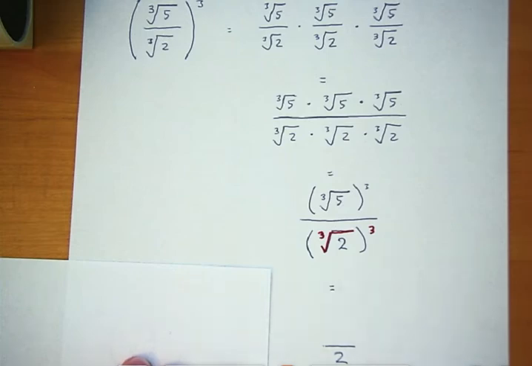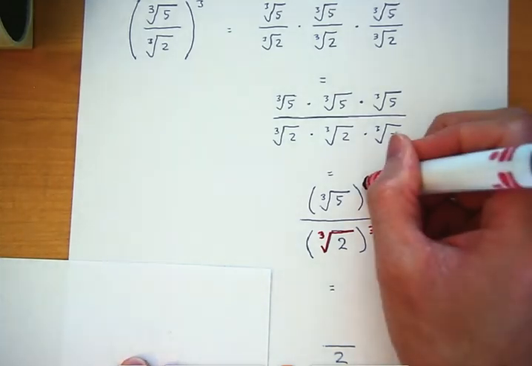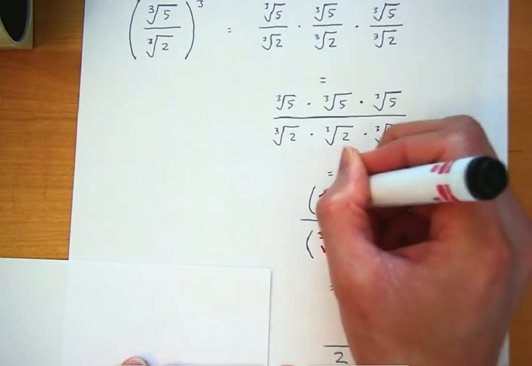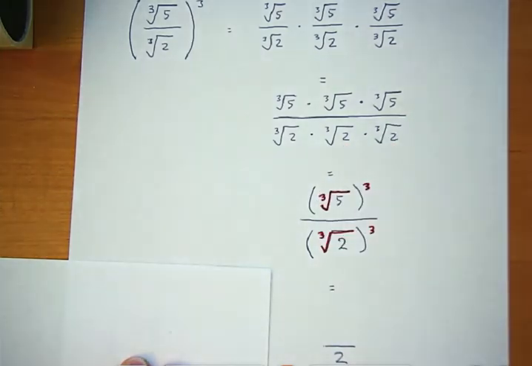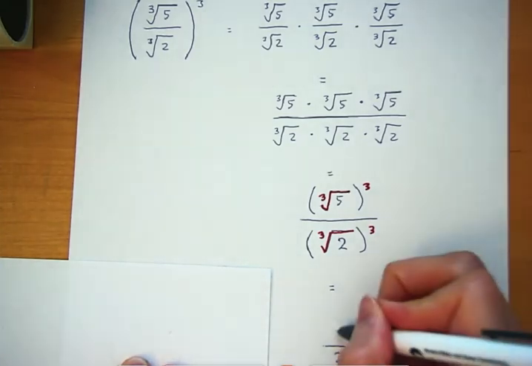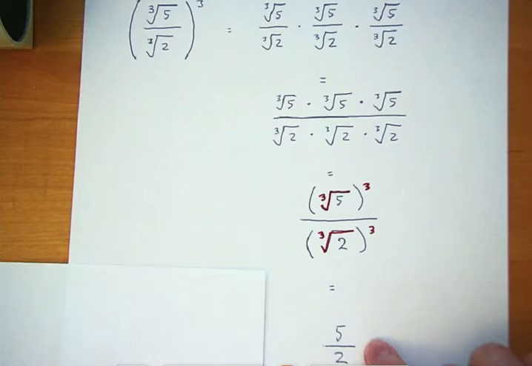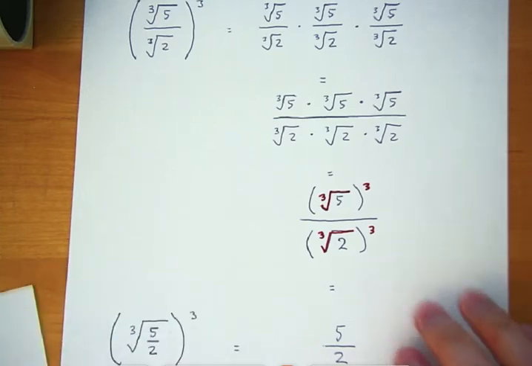Same thing for the top of the fraction. This exponent 3 and this third root are inverses, so they undo each other, and all you have left on the top is a 5. Okay, and I know I can also write this like that.